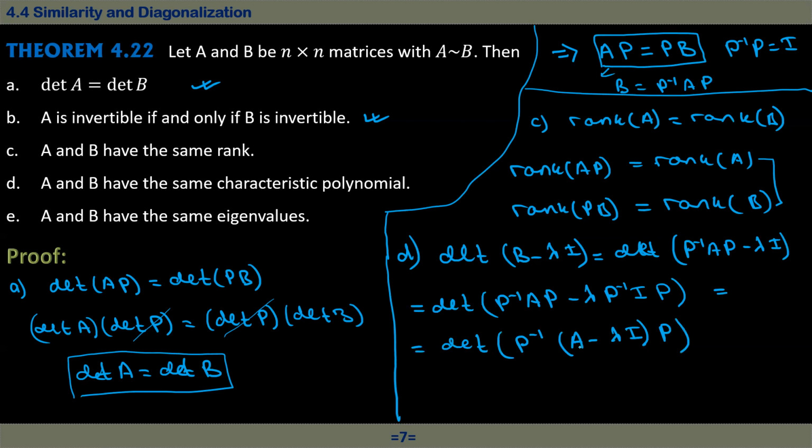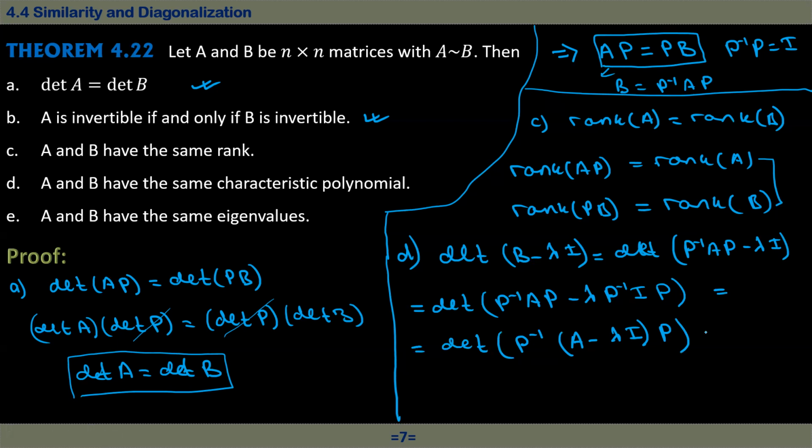Here we have P inverse times A, and also multiply by P, so P inverse times A times P. And P inverse times lambda times I times P gives us the second term.